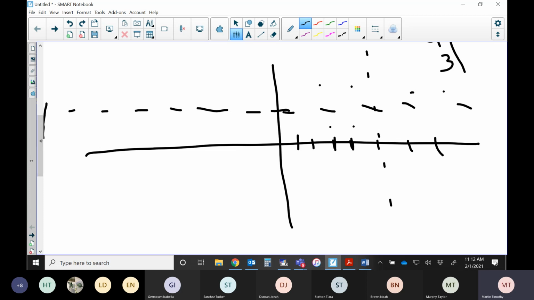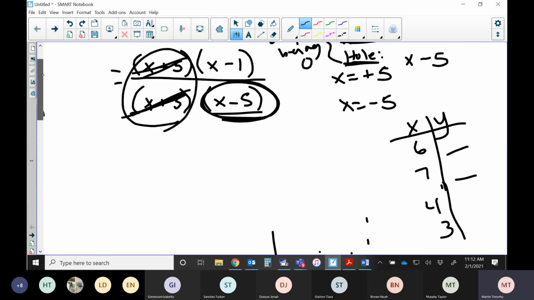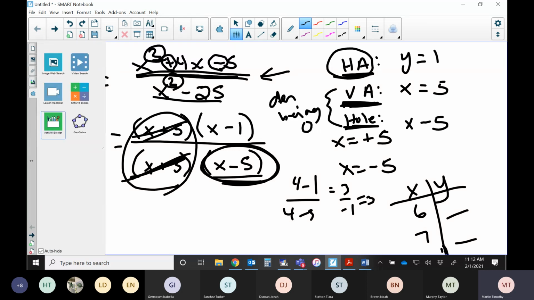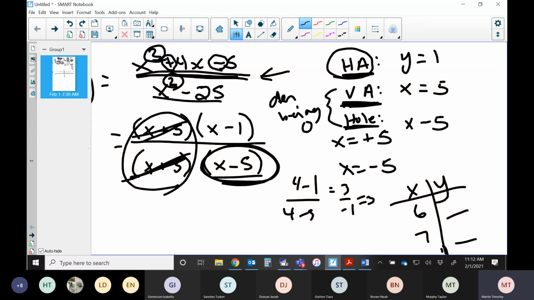And either way, let's see if I plug in a 4. 4 minus 1 is 3. So that's my top. 4 minus 5 is a negative 1, so negative 3. So if I plug in 4, I get a negative 3 out.